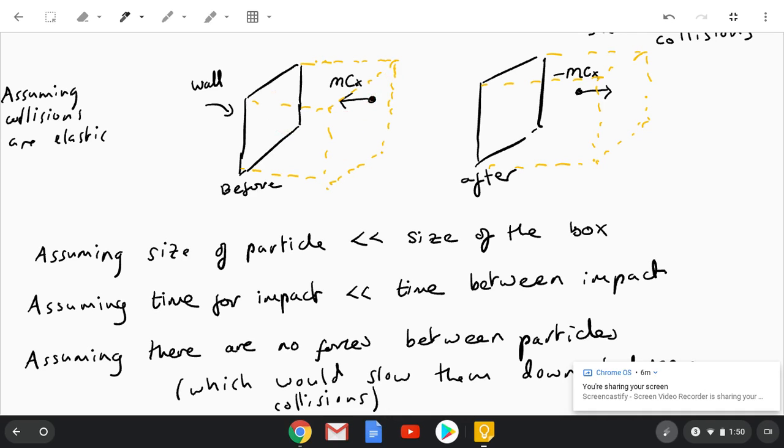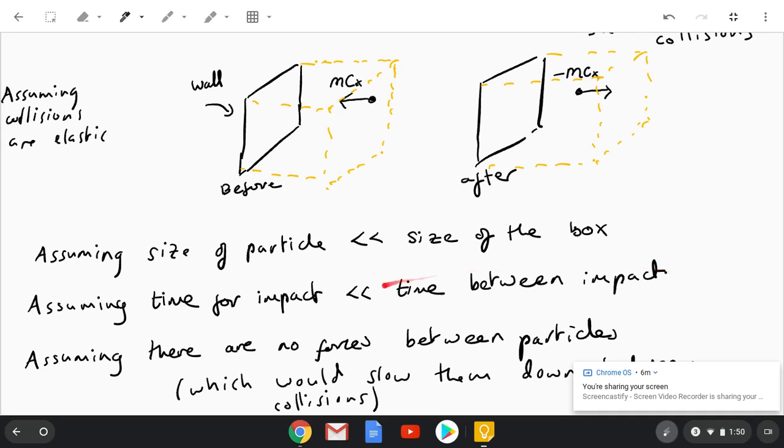Let's look at the extreme case where this particle is more or less the same size as the box. In that situation, there's not much movement of the particle hitting that wall, so we assume the time of the impact is much less than the time between the impacts.